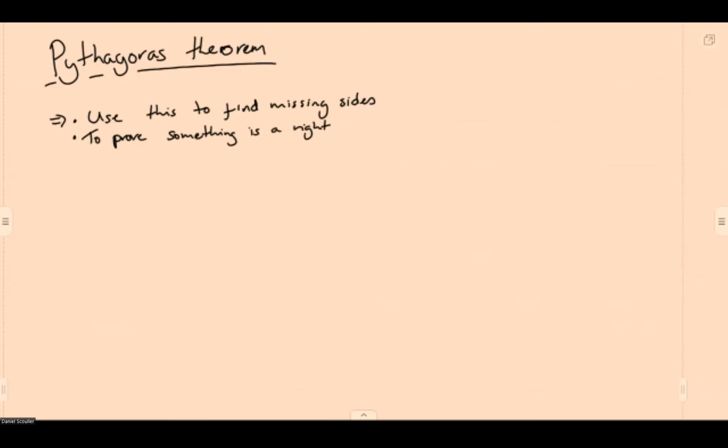Okay, so the right-angle proof questions. We use Pythagoras theorem to either find a missing side and use that as a bigger part of the question, or to prove something is a right angle. That's called the converse of Pythagoras. So Pythagoras takes into account right-angled triangles.